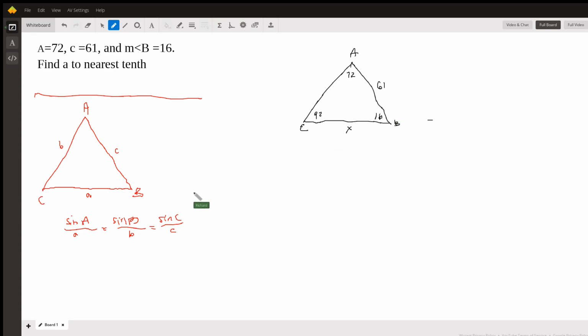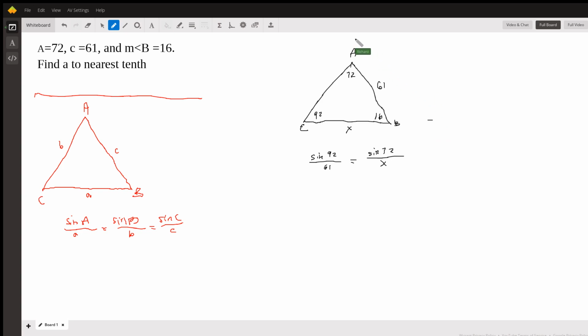Okay, so now we're ready to apply the law of sines here. So we'll take the sine of 92 over 61 is equal to the sine of 72 over x.